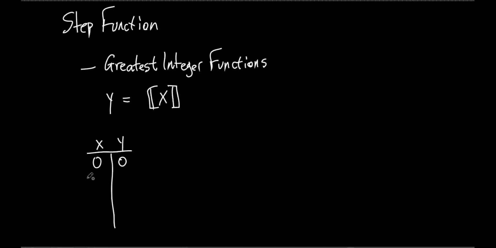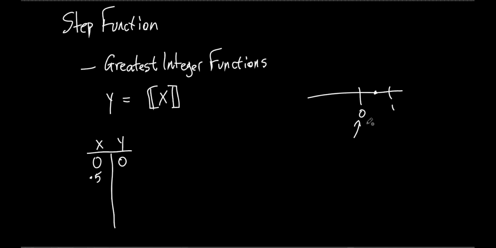Now watch this. What if I put in 0.1, 0.2? I'll just go with 0.5. Now, think of the number line. There's 0, and let's say 1 is right there, and let's say a half is right there. The greatest integer means the greatest integer not greater than this.